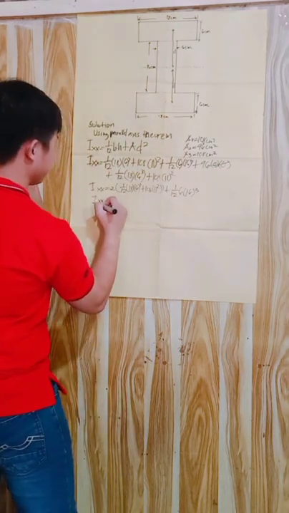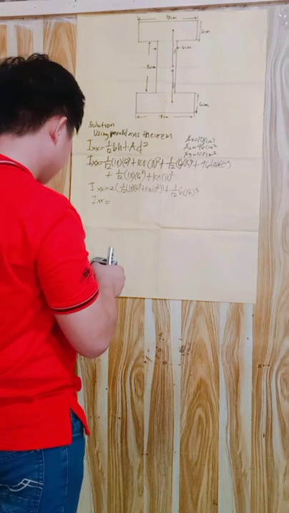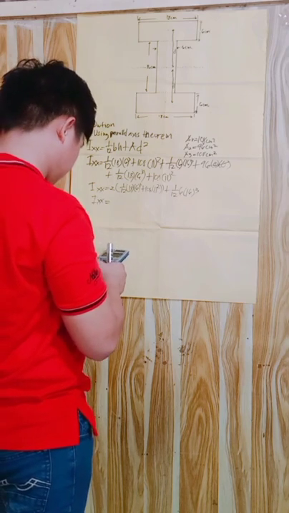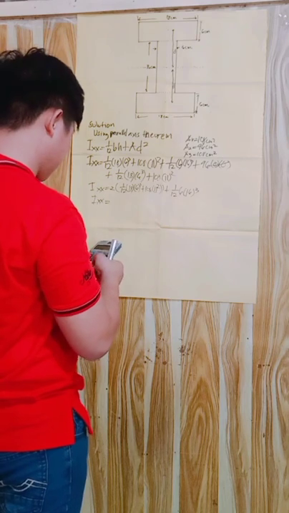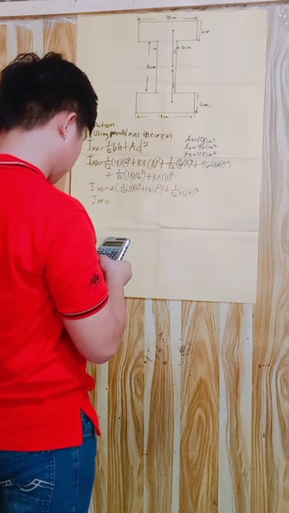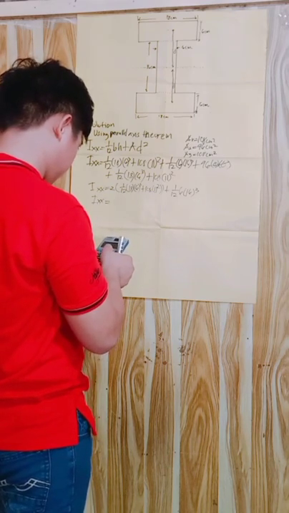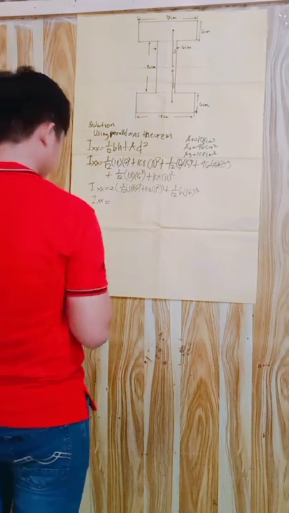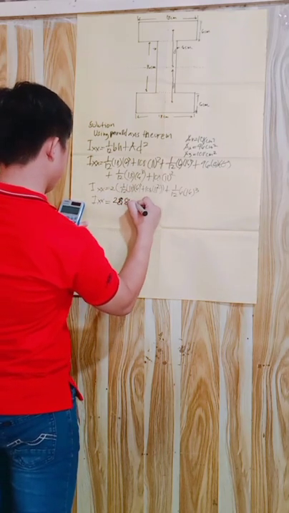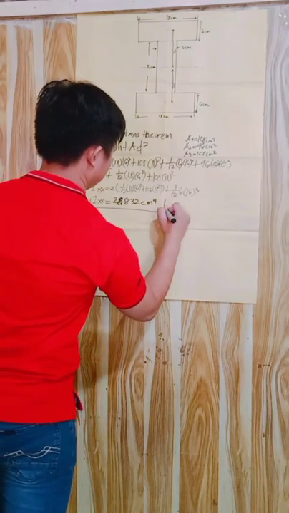So Ix is equal to 28,600,832 centimeters to the fourth. This is the answer.